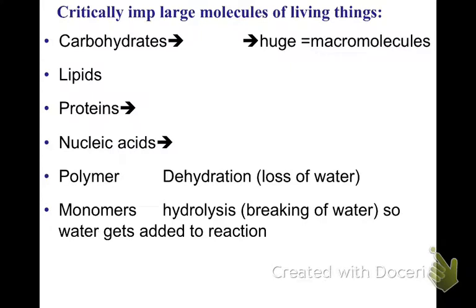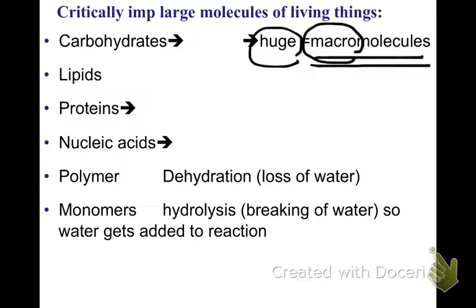So we have 4 critically important large molecules that have to be considered in this chapter. Macromolecules. The word tells us macro means huge. So these molecules are really, really huge molecules. So my point is, you have 4 huge molecules that you're going to be considering.